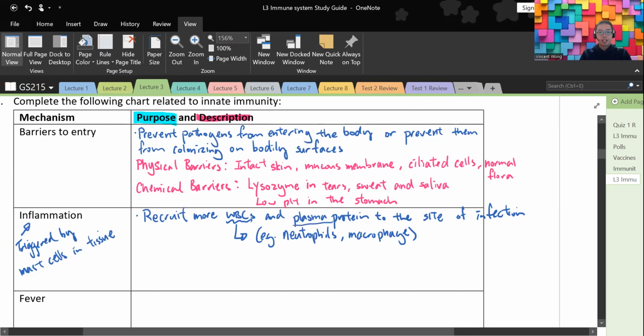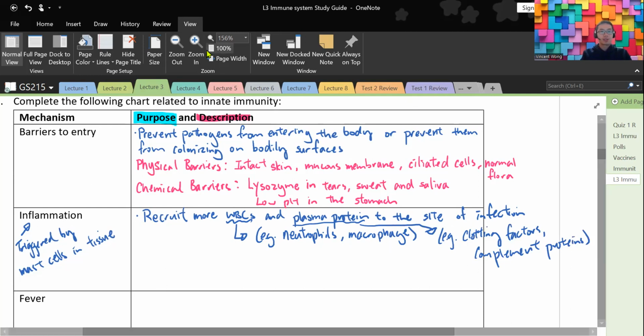And then for plasma proteins, we would want to have things like some generic antibody. Sometimes we might need some clotting factors. We might have some complement proteins. So these are both important. And that's what inflammation does.